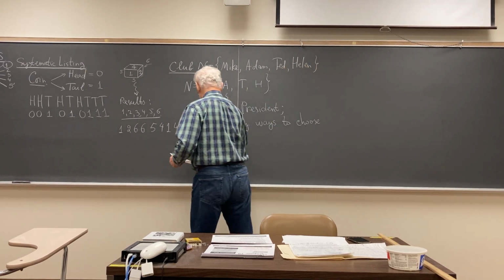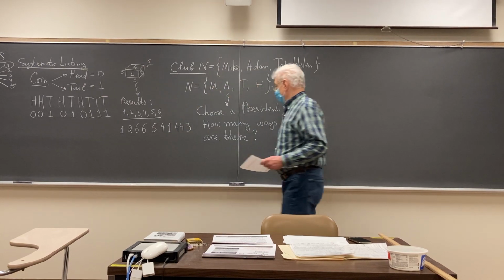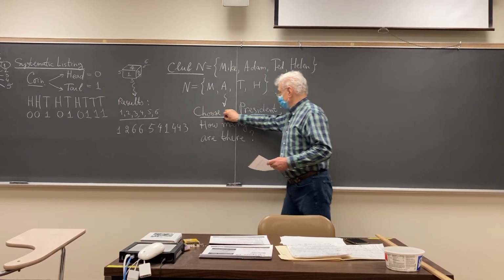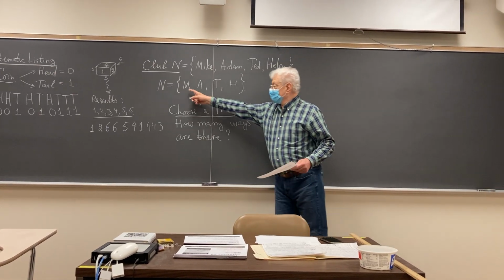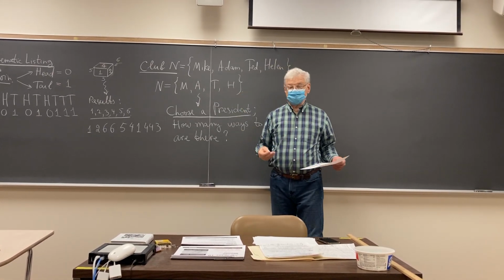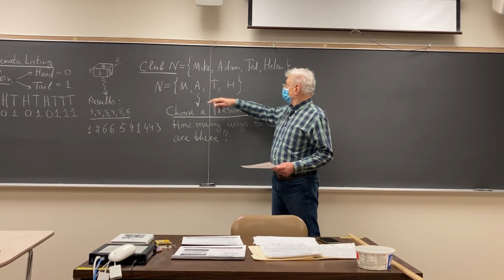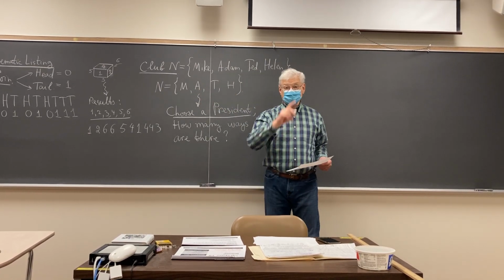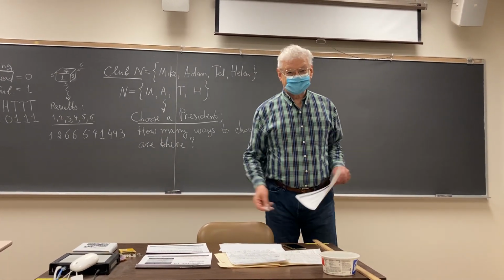You want to choose a president. There is only one president, out of how many? 1, 2, 3, 4. So you can choose either Mike, or Adam, or Ted, or Helen. And of course, a woman should be chosen, so H is the only possibility.